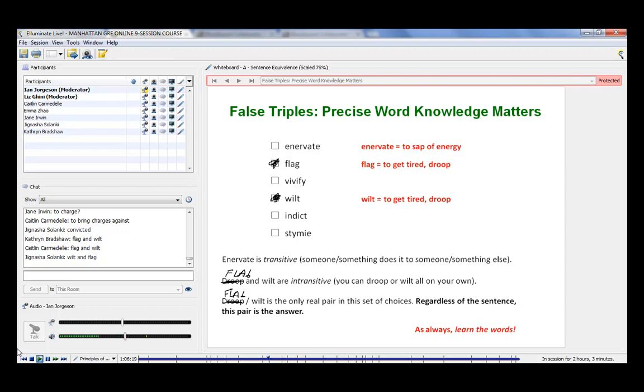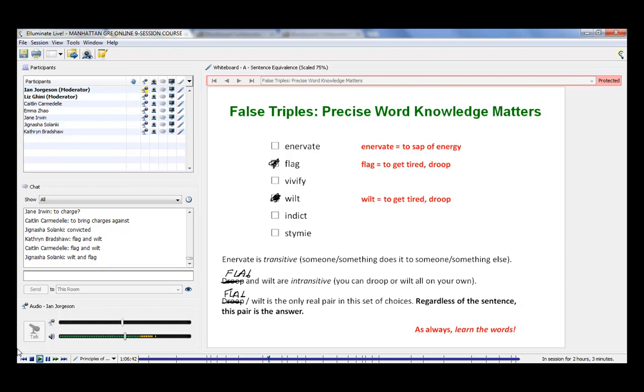All right, give me a smile if you guys see the distinction here between a verb that does something to something else versus a verb that just happens. That might be the easiest way to put it. And when you're seeing very close words like that, think about spin. Is one of these positive and the other one's negative? Think about strength.